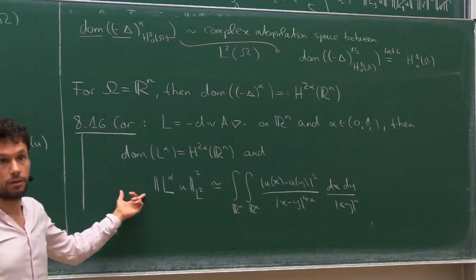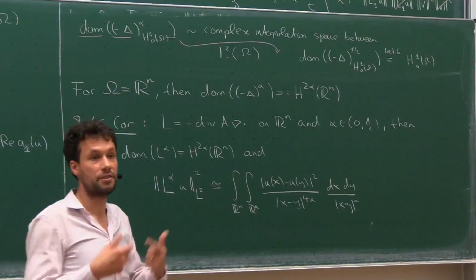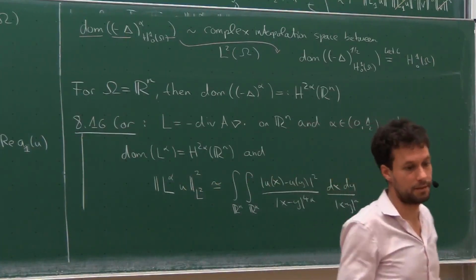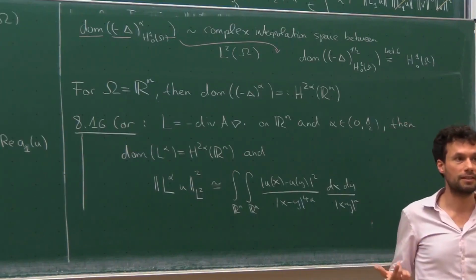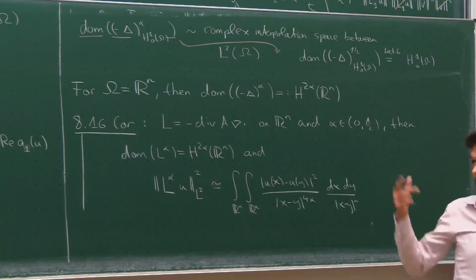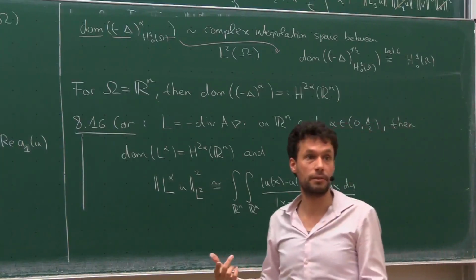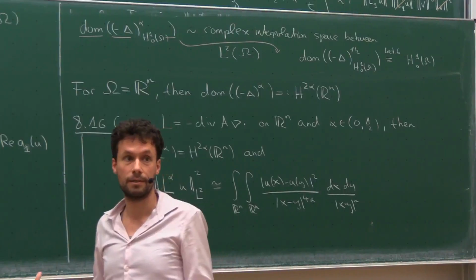Now, if you want to go to alpha equal to 1/2, then there is no way of saving Kato's result, because in the 70s, McIntosh constructed an example of an operator where it fits into the Kato theorem, but the domain of the square root and the domain of the square root of the adjoint are not the same.